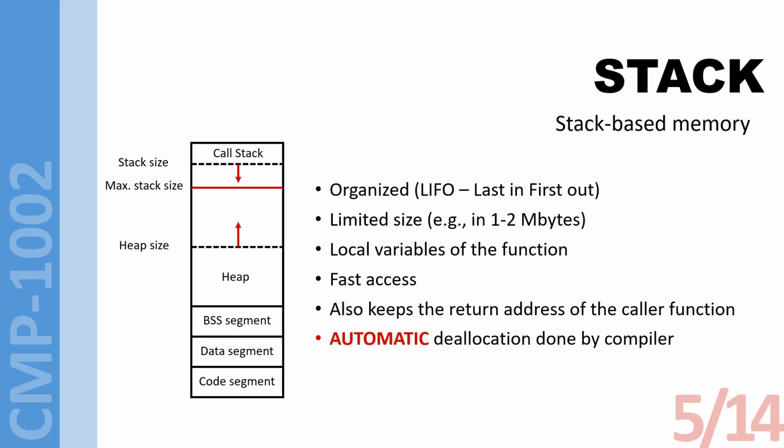Stack has a very limited size, a couple of megabytes, depending on the hardware and operating system. It provides fast access to all the values inside, due to this very organized, simple data structure, this last in, first out system. In addition to the local variables, when you are switching between functions, the return address of the caller function is also written inside the stack.